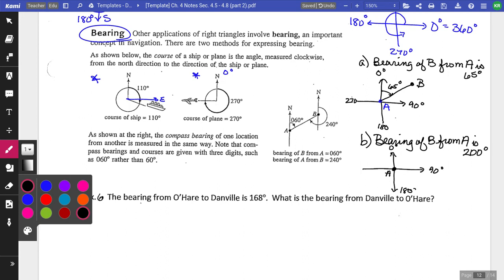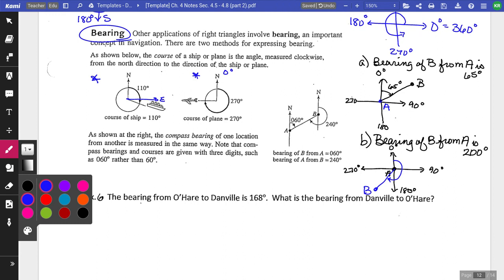South is 180 degrees. And 270. Okay. So from A, we're starting at A, and then we need a bearing of 200. So again, starting north, and 200 degrees would be a little bit past 180. And so then if you head that direction, now you are going towards B.